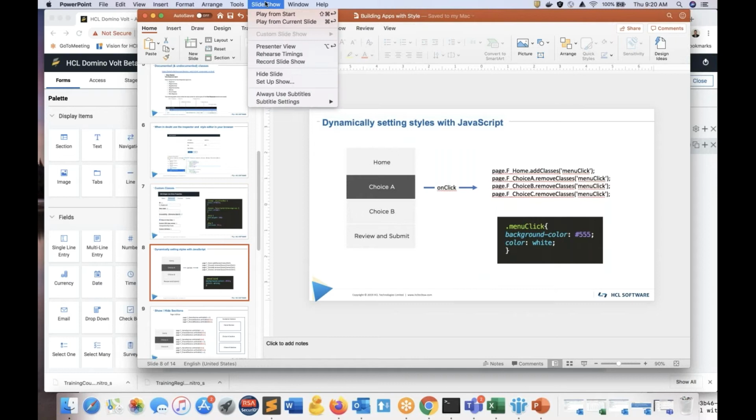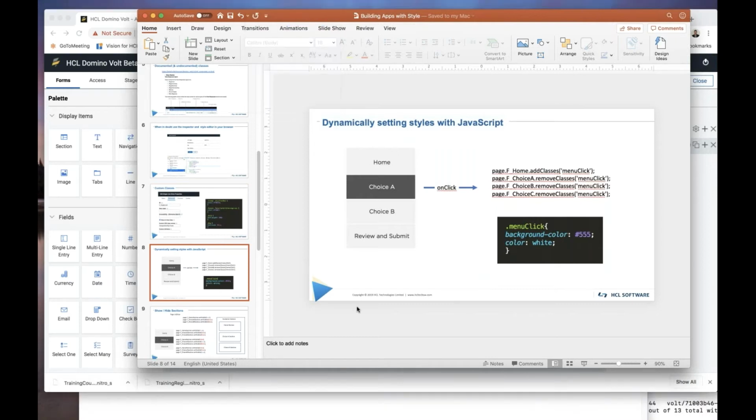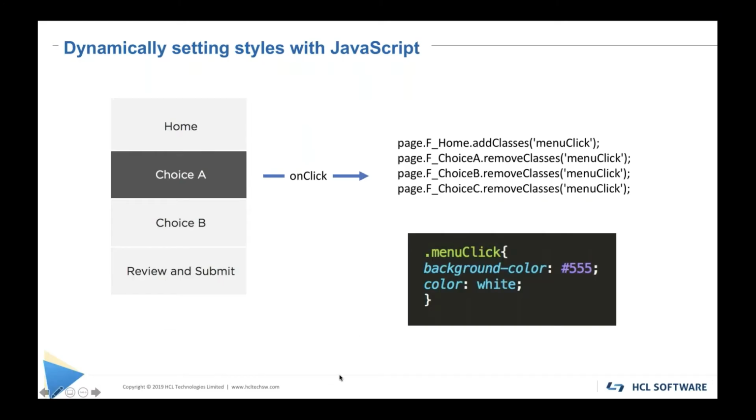All right, let's go to the next topic. I'm going to talk about first a JavaScript function, which is called add classes and remove classes. All right, and the scenario I'm going to show is I'm building some navigation.